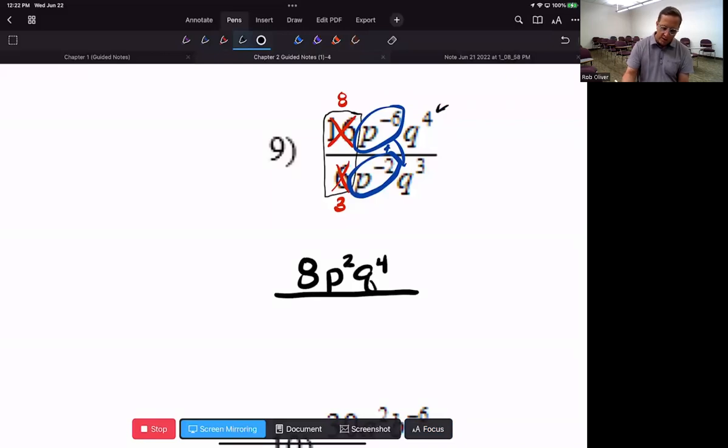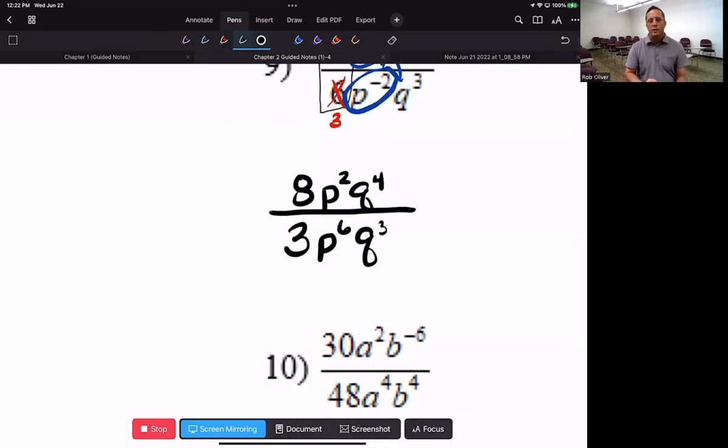That was always there. And then there was a 3, and the P that was on top, that was -6, came down to the denominator, became +6, and then the Q cubed. All right, so when it comes to the 8 and the 3, we can't do anything else with that, but we can do something with the variables.